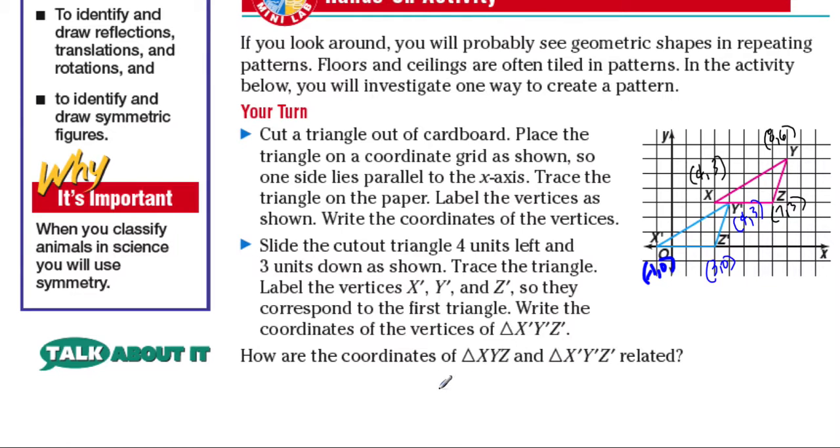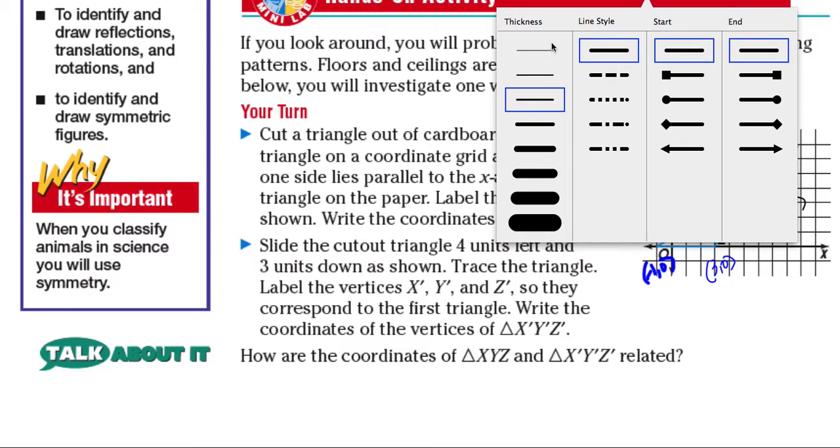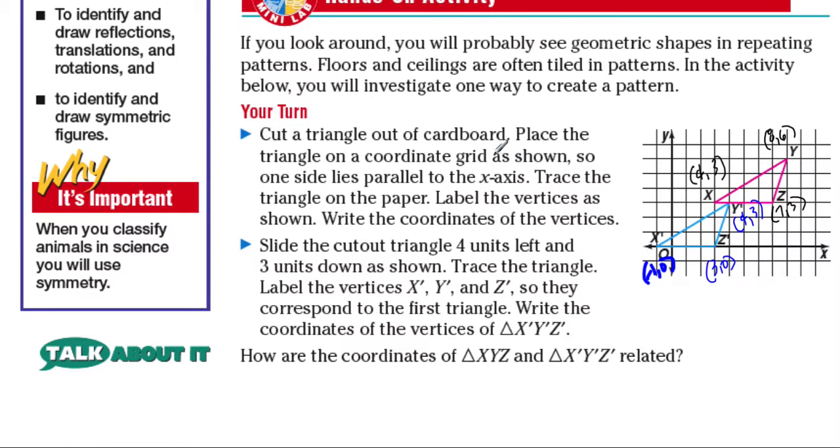So the question is, how are the coordinates of triangle XYZ and triangle X prime, Y prime, and Z prime related? Remember, in our coordinate system, when we say 4 units to the left, like when we did our slope, it means negative 4.